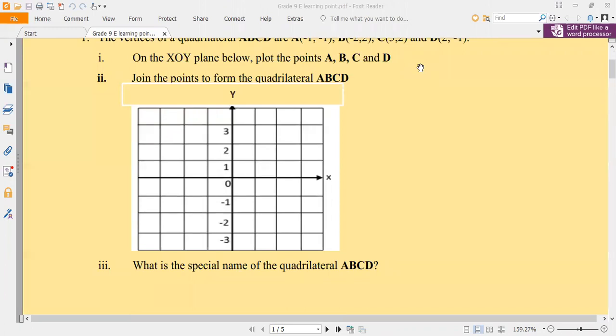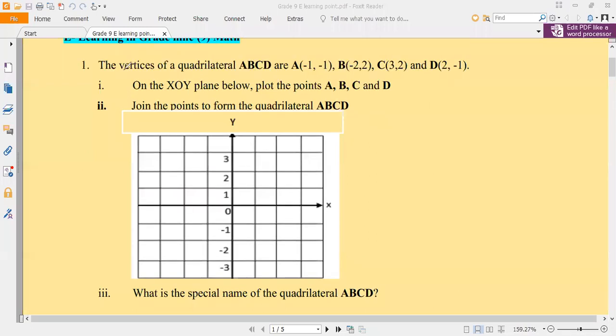And this question is saying, question 1 says, the vertices, these are the corners of a plane figure that we want to draw.